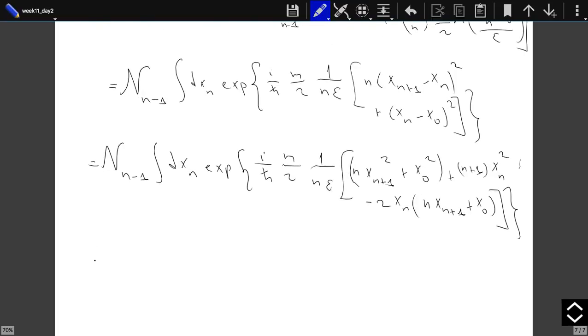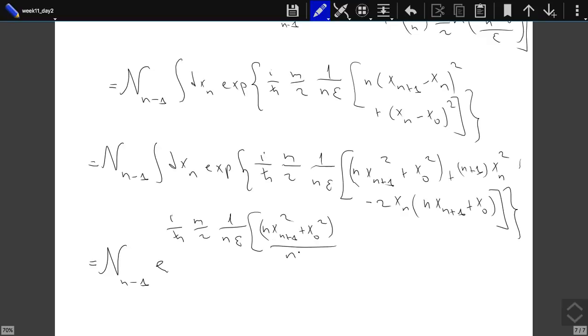Now we can evaluate the Gaussian integral by completing the square. Okay, we have e to the power i over h bar m over 2, 1 over n epsilon, times n xn plus 1 squared plus x0 squared. Well, I will also take the n plus 1 out. This will be basically this term when I take this n plus 1 out of the parentheses.